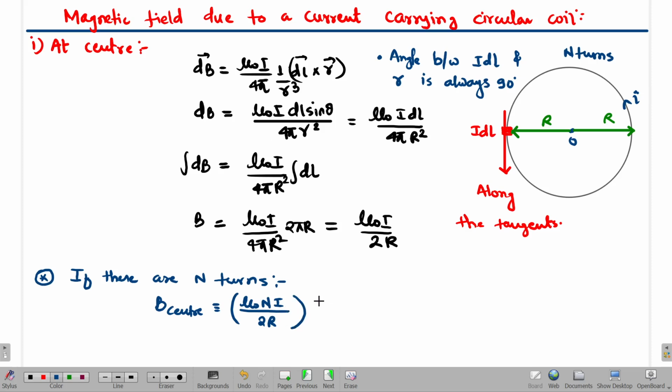Are you able to get me? In the derivation here, n is 1. Write it fast, then I'll move ahead.